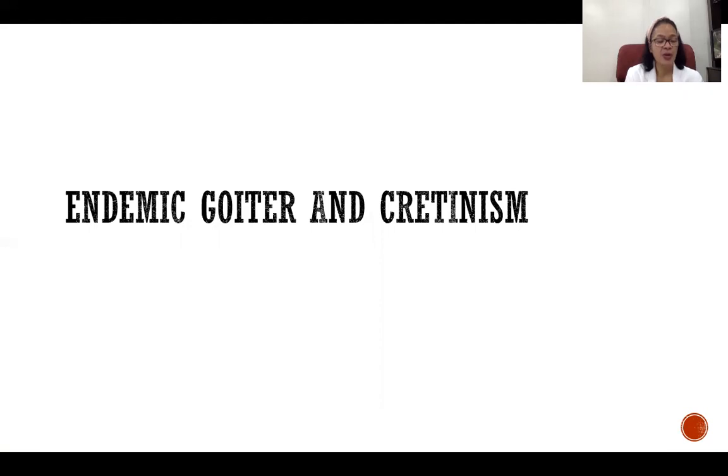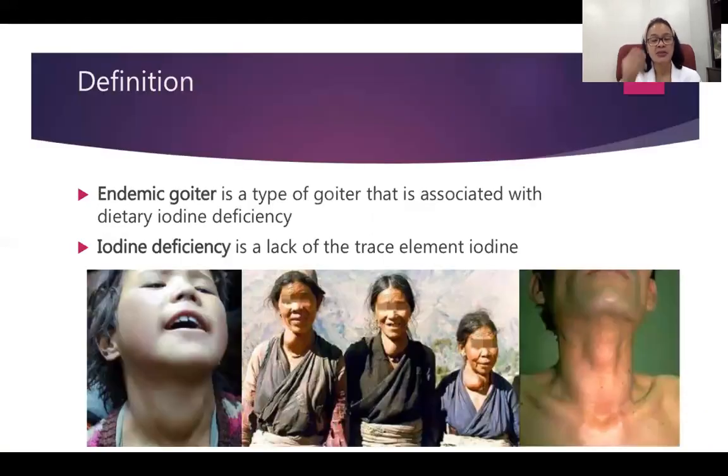Okay, so let's go now to endemic goiter. When you say endemic goiter, it is a type of goiter associated with iodine deficiency.